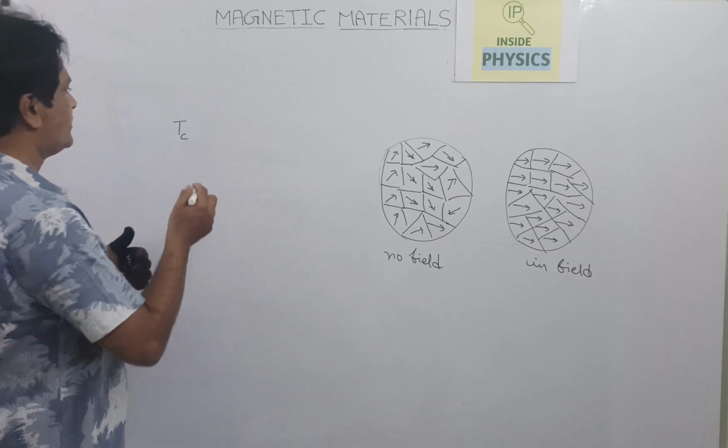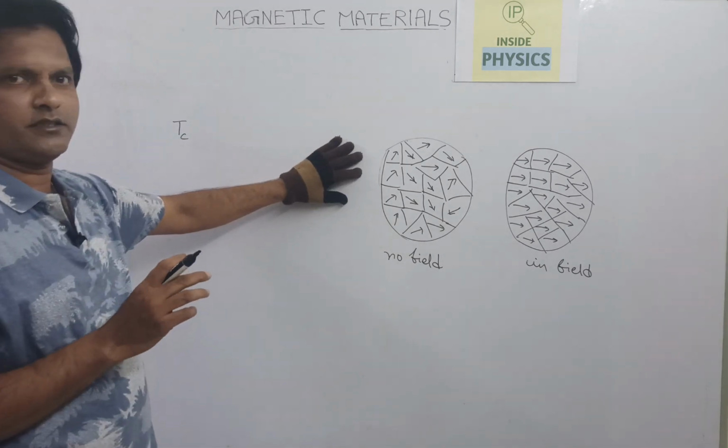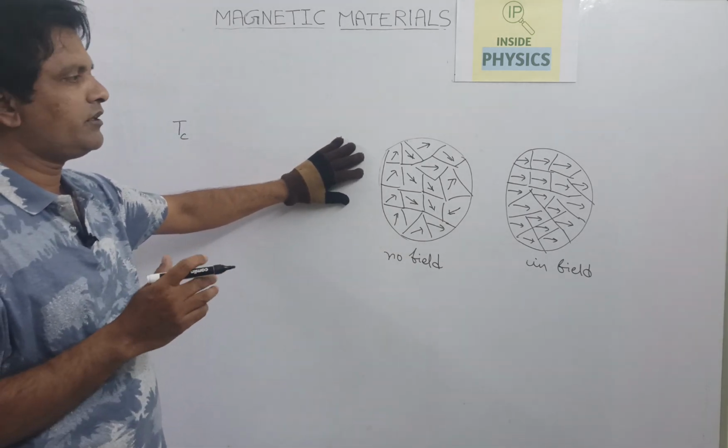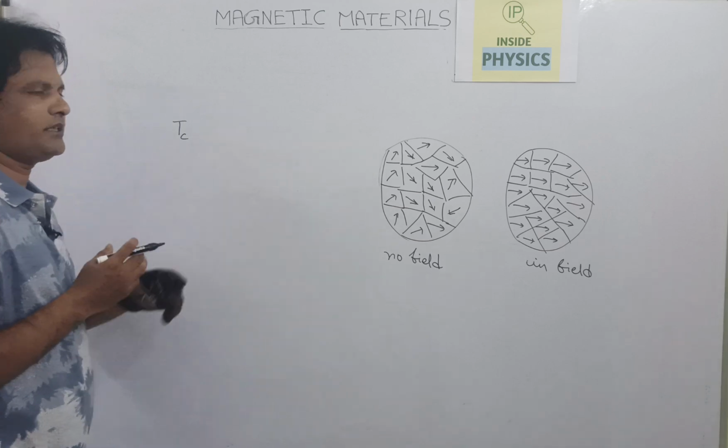Once the Curie temperature Tc is reached, the spontaneous magnetization ceases. There will not be any spontaneous magnetization after the Curie temperature.